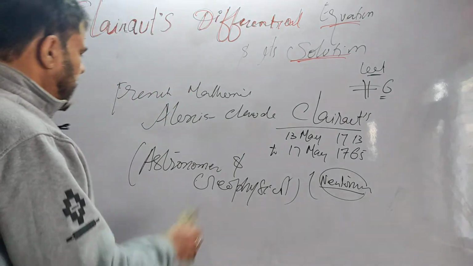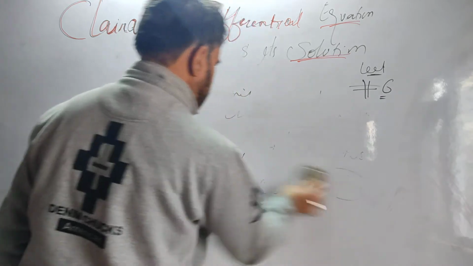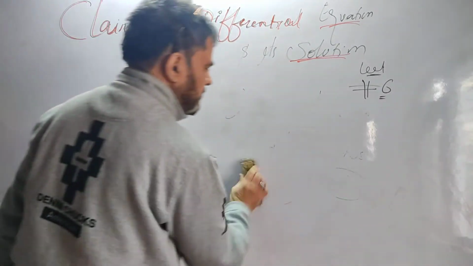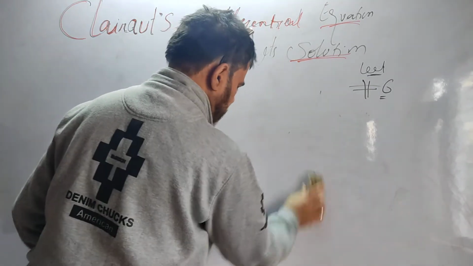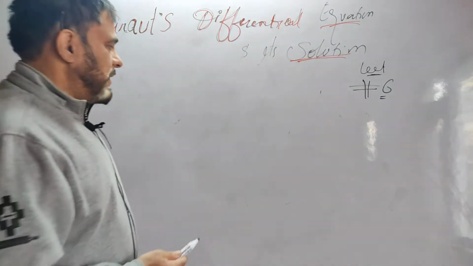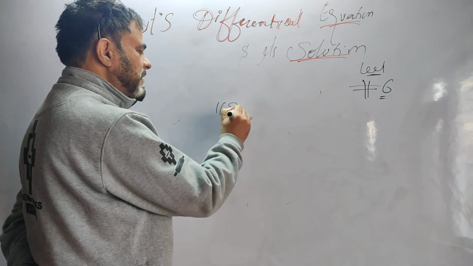Actually, Newton had outlined some fundamental laws related to astronomy. Newton had outlined in Principia some laws in 1687.